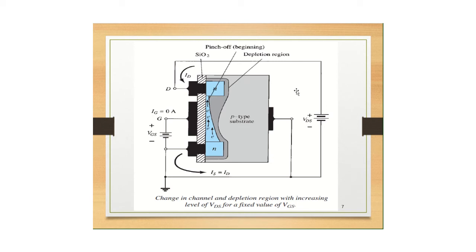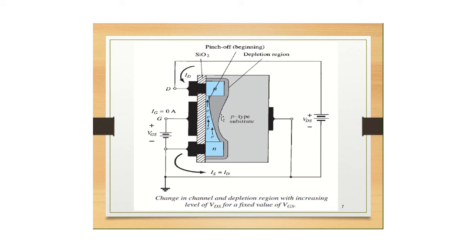Pay attention: when you're keeping VGS constant and varying VDS, at one point the drain current will be constant. Why does this happen? It is because of the pinching off process. Let me repeat that. This leveling off or saturation of the drain current is due to the pinching off process depicted by the narrower channel at the drain end of the induced channel.